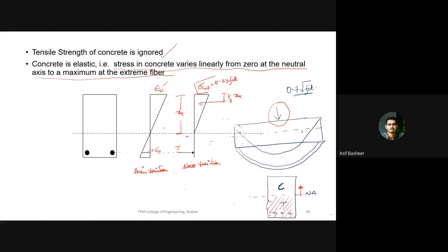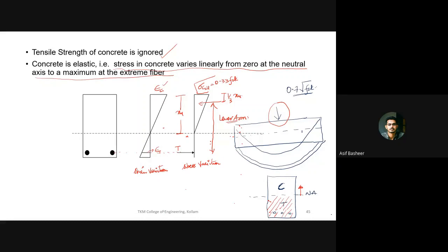You can see the compressive force is acting in this direction and the tensile force in this direction, which will produce a moment opposite to the applied load, and which will keep the reinforced element in equilibrium. The distance between these two forces is called the lever arm.